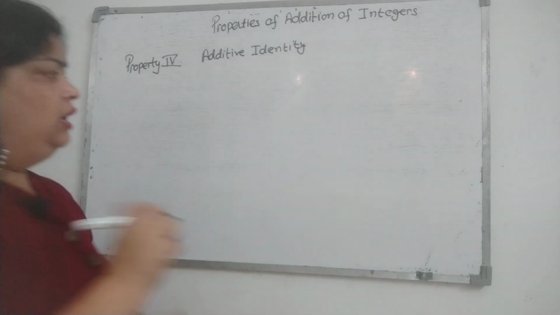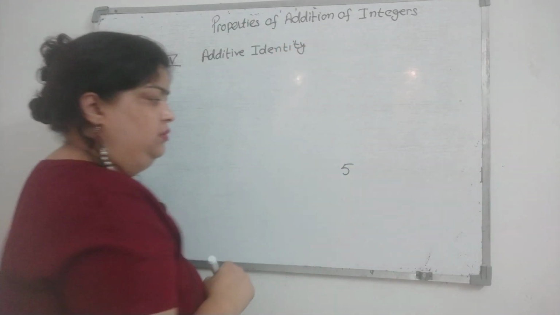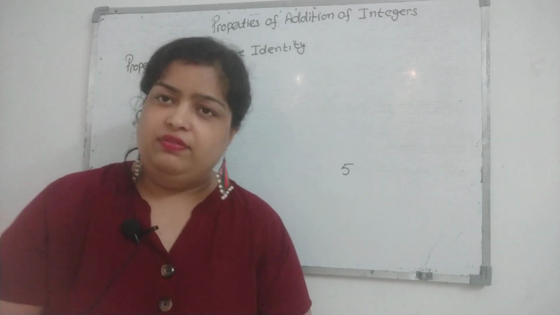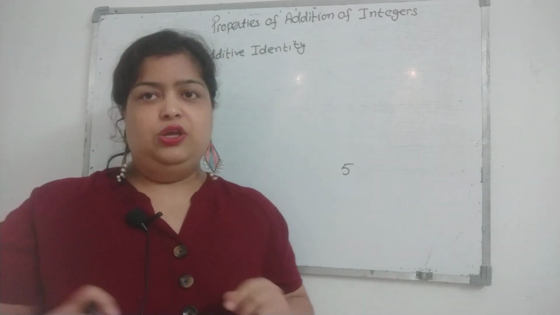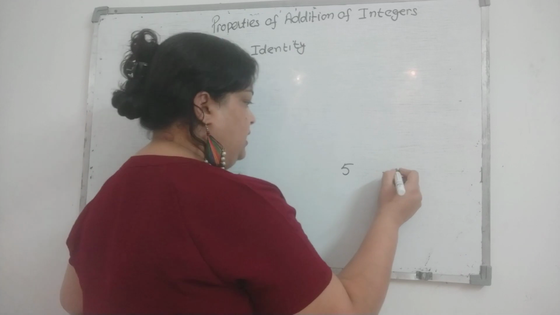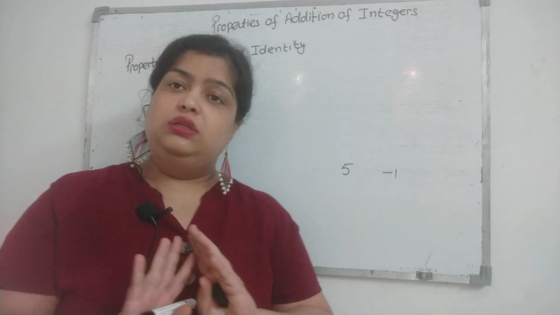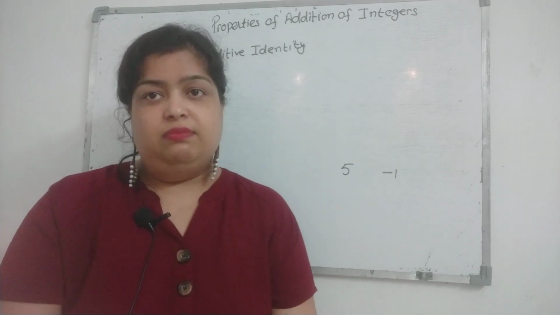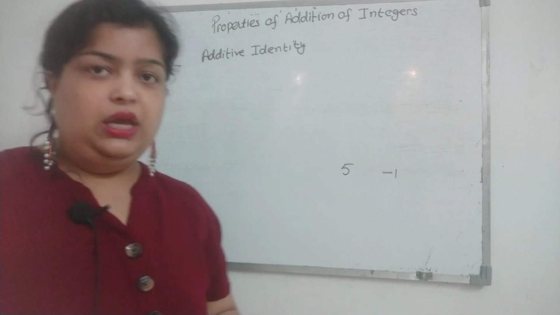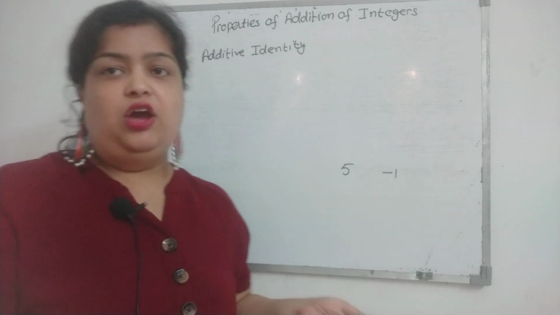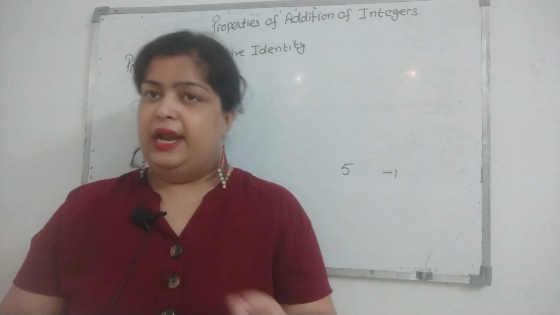I am taking 5 over here. What is the identity of this 5? 5 itself. If I am taking minus 1, what is the identity of this one? This integer has the same identity itself. Nothing is changed. The identity of a number is the number itself.